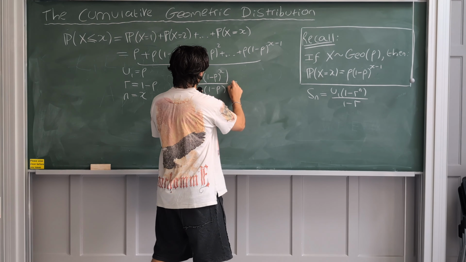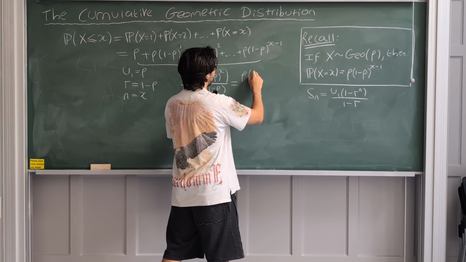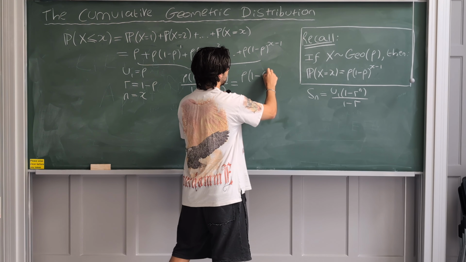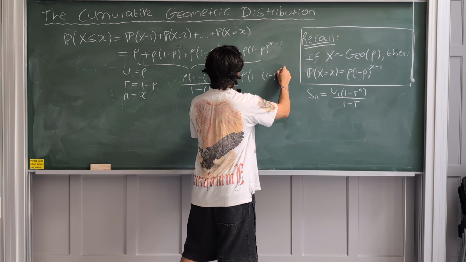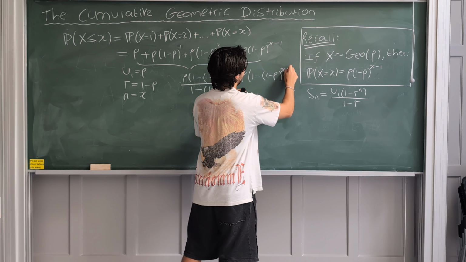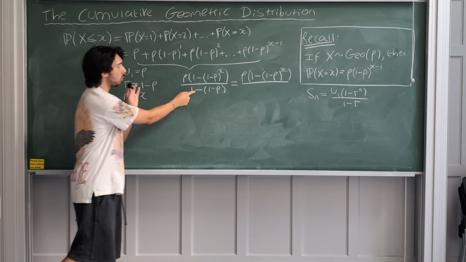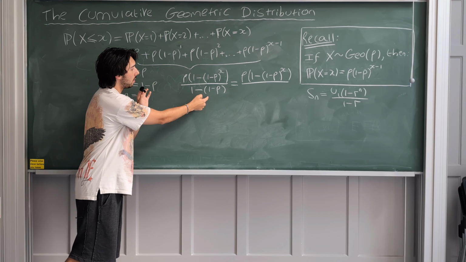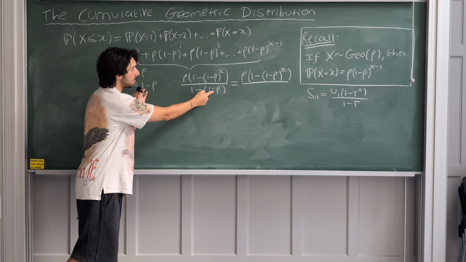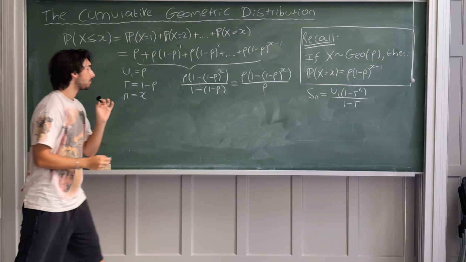So what have we got? Well, on the numerator, we've got p, and I'm going to keep this in brackets for now, (1 minus p) to the x. So that's not even changed, but the denominator can change, because it's 1 minus 1, and then there's a minus p, so it ends up just being p on the denominator.